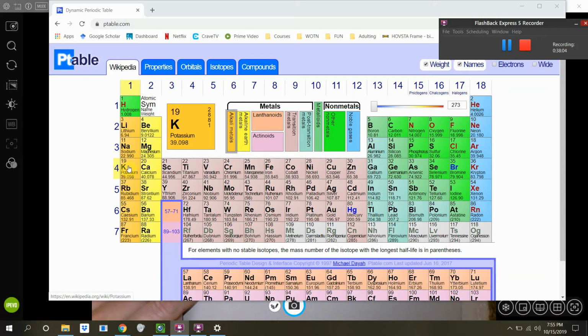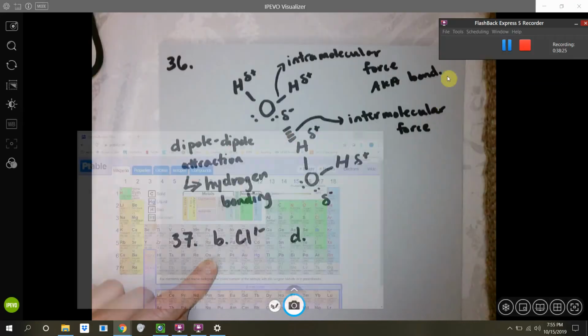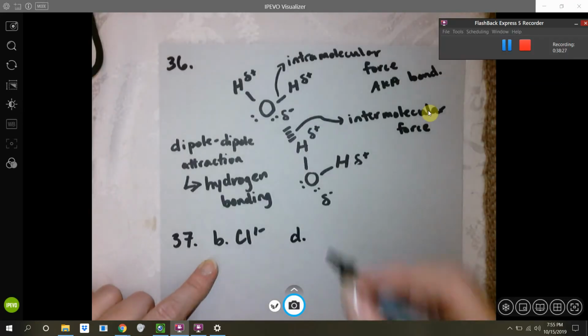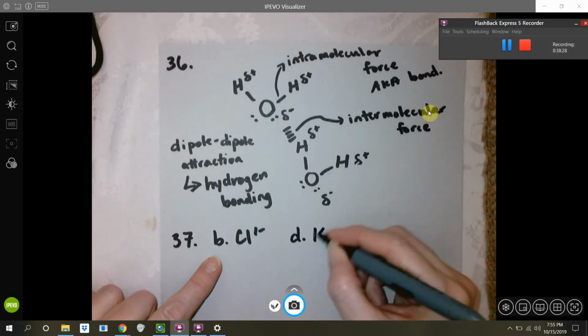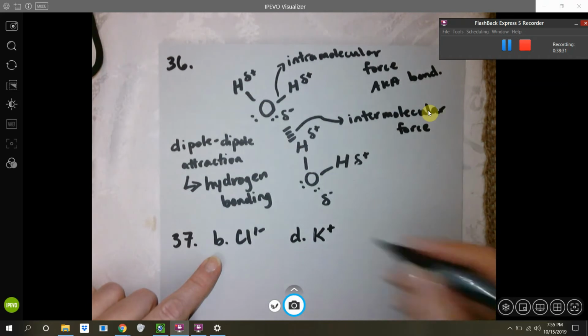It had 19, right? 1 in its valence shell, and then when it loses it, it has 18, the same number as argon. So also potassium, D, is isoelectronic with argon. So chlorine 1 minus, and also potassium 1 plus.